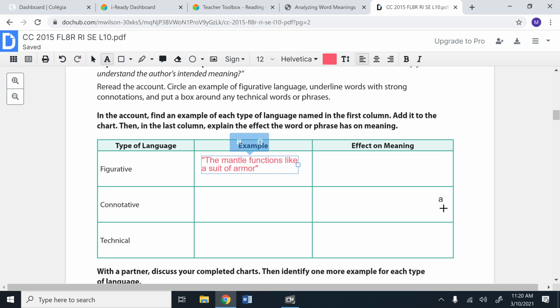And the effect this had on the meaning is that the image suit of armor is used to show that mollusks' mantles are tough and durable.